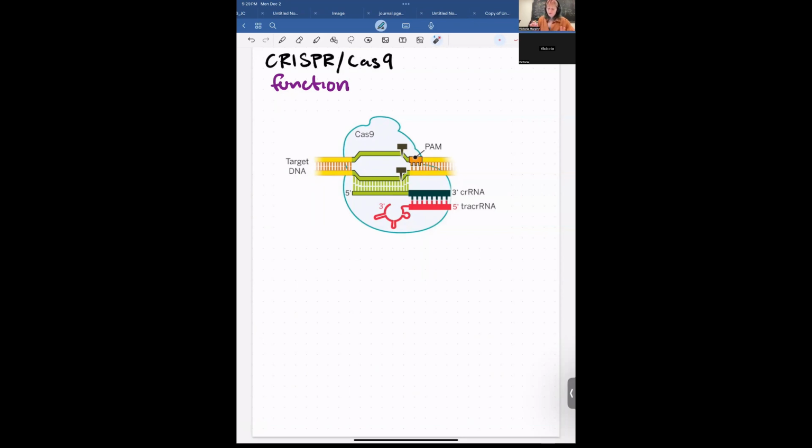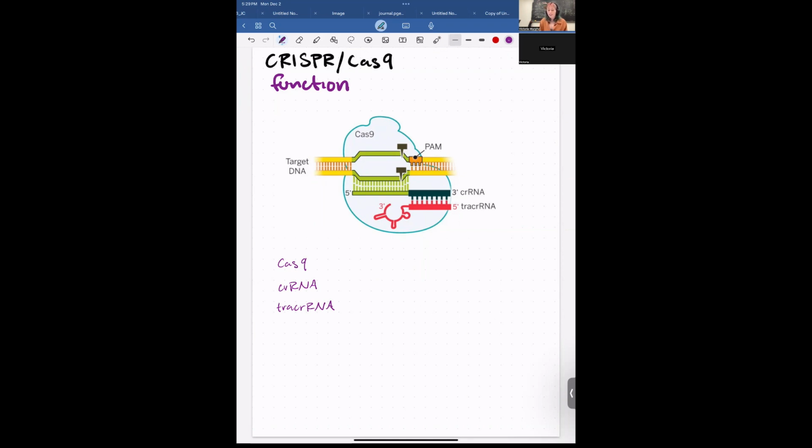Now, I want to talk about the three main components of CRISPR-Cas itself that are required for the creation of a double-stranded break. First off being Cas9, and then the CRISPR RNA, and then the tracrRNA. The Cas9 is what induces the break.